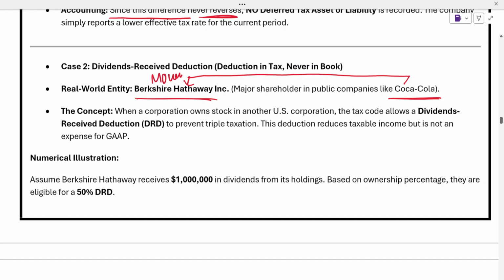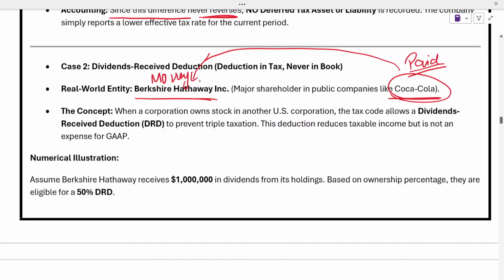So, when they receive this money, it should be taxable, right? But when Coca-Cola prepared its financial statements, they had already paid taxes on whatever money they earned. But later on, this money is distributed as a dividend to Berkshire Hathaway. So if Berkshire Hathaway also pays taxes on the same income on which Coca-Cola has already paid, there will be double taxation.